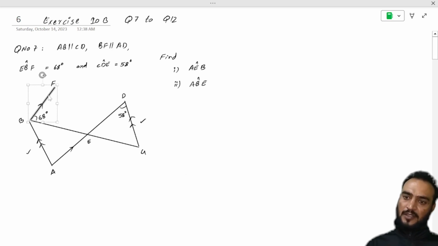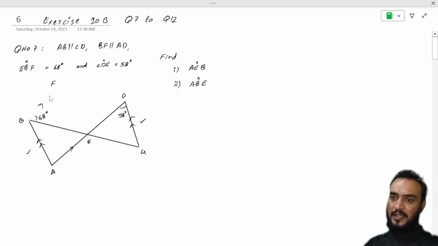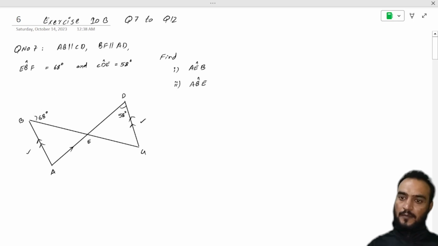So let us draw this line again so that it shows itself to be parallel with AD. Now this is the line which is parallel to AD.